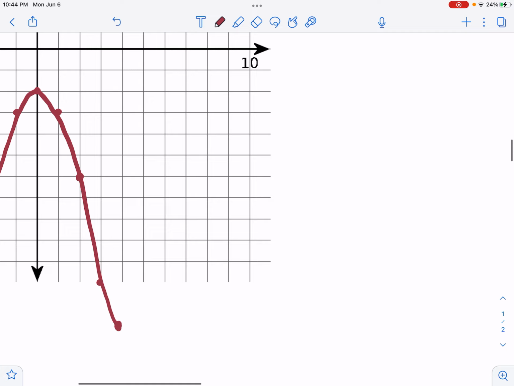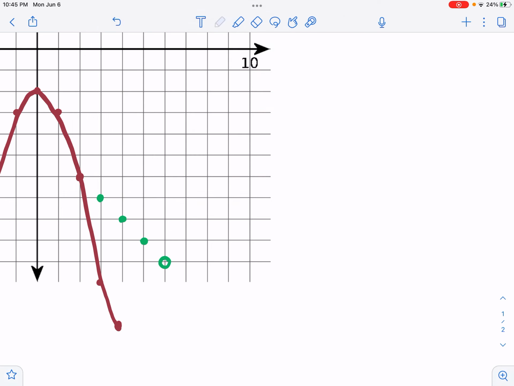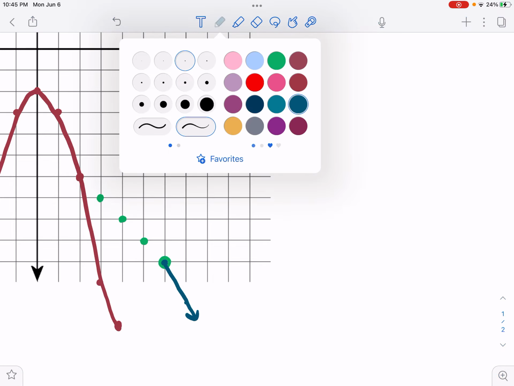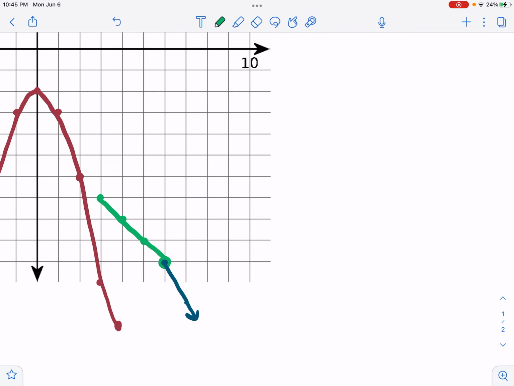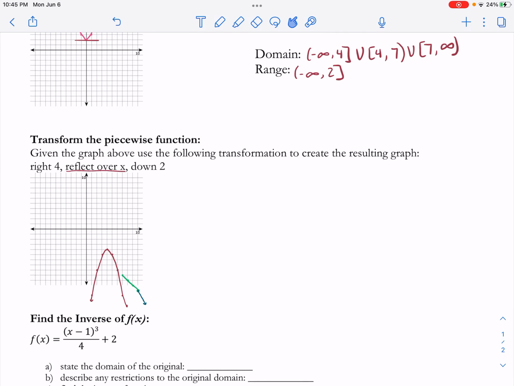And then this one would be over here. Do a different color. This was open, and then do a different color, closed, and do here. This goes like this. This would be connected. And they want us to move right 4, so 1, 2, 3, 4, and down 2, 1, 2. So that would be our new graph.